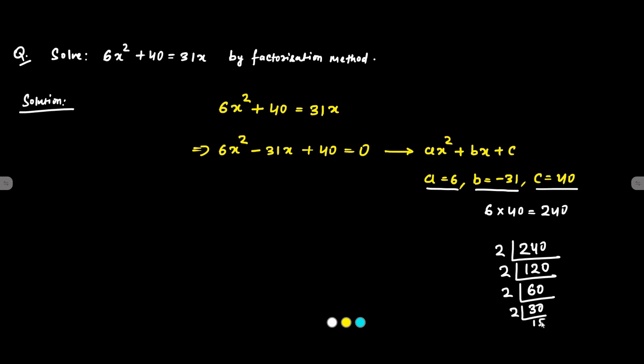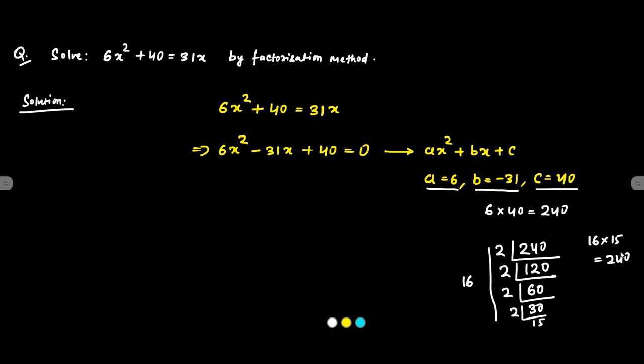Okay, let's see, 2 into 2 into 2 into 2, that is four 2's, so this is equal to 16. So 16 into 15, that is also equal to 240. Okay, 16 into 5 is 80, so 240. Yes.